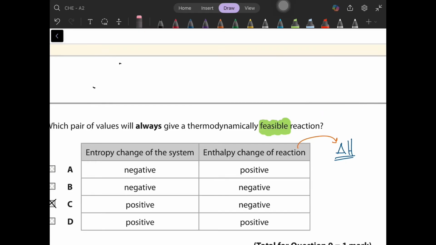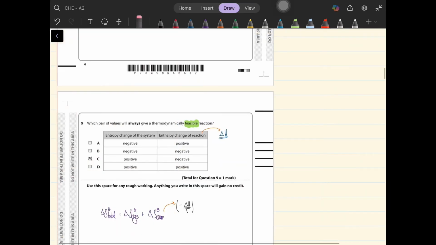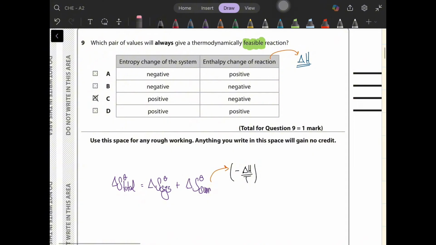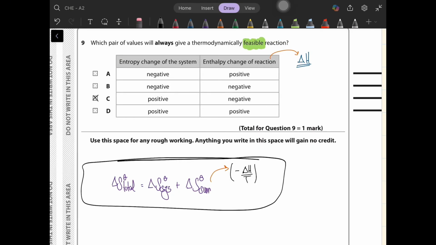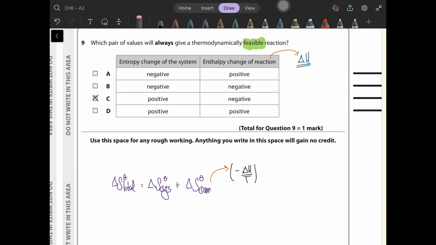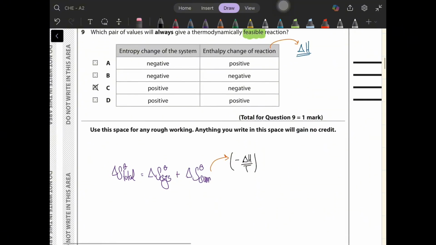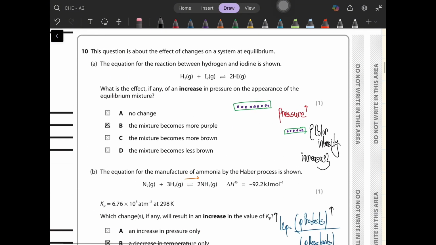I have written this down over here, so you can take a look. Whenever you encounter questions like this, I would highly suggest you write up this formula and deduce from it. So for reactions to be feasible, del S total should always be positive, or greater than 0, right? So let's just move on to the next question.